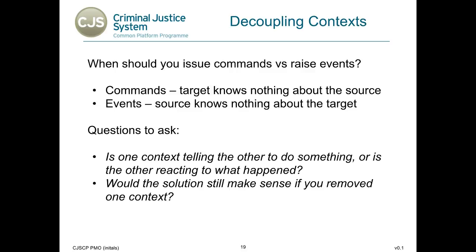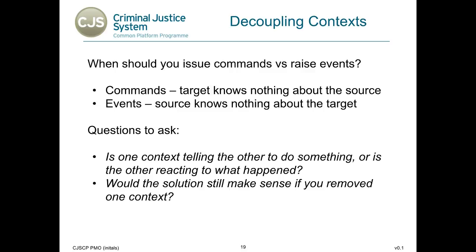So when you're communicating between contexts, you need to be careful and think about whether you should be issuing a command from one context to another, or whether you should be raising an event and letting another context simply listen for that event. The point I'm trying to explain here is that with commands, the target that you're issuing the command against knows nothing about the context that is issuing the command.